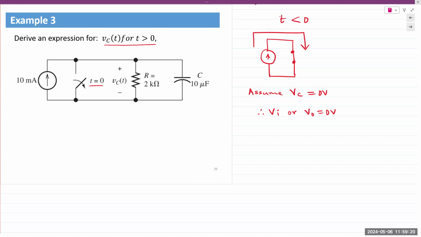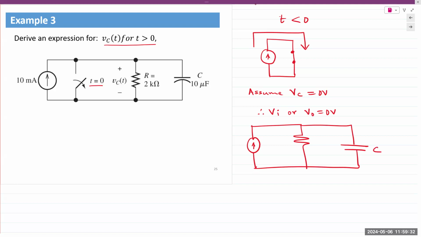And then the switch flips open. When the switch flips open, we have a current source connected to the resistor and capacitor C, current source of 10 milliamps. Final value of the voltage is given by 10 milliamps times the resistor R, which is 2000.